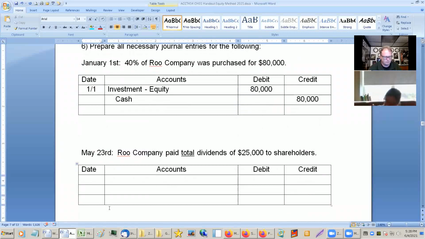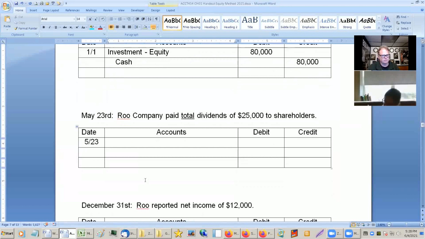So 10,000 cash would be debited. Yep. Because you're getting that asset, but then your investment equity asset would be credited also 10,000. Correct. Okay.